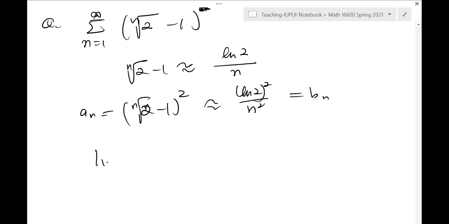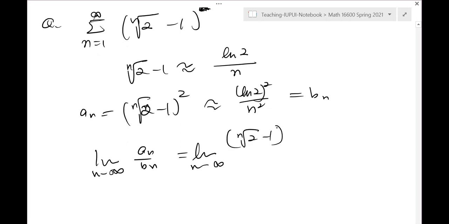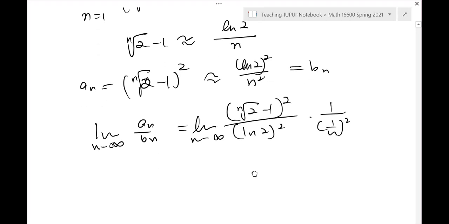And you can verify the limit, okay? an over Bn is going to be the nth root of 2 minus 1, squared, divided by natural log of 2 squared and 1 over n squared. So the limit is going to be 1.